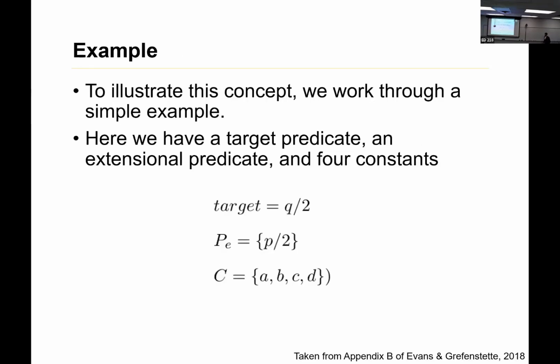So let's make this concrete with an example. We have a target predicate Q, we have the extensional predicate P, and we have constants A, B, C, and D. The number after the slash is the number of arguments for the predicate.